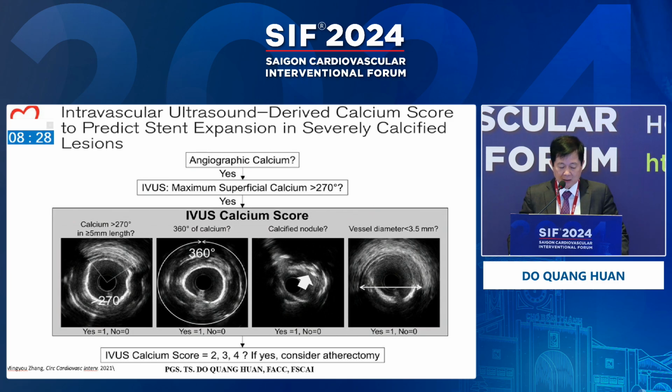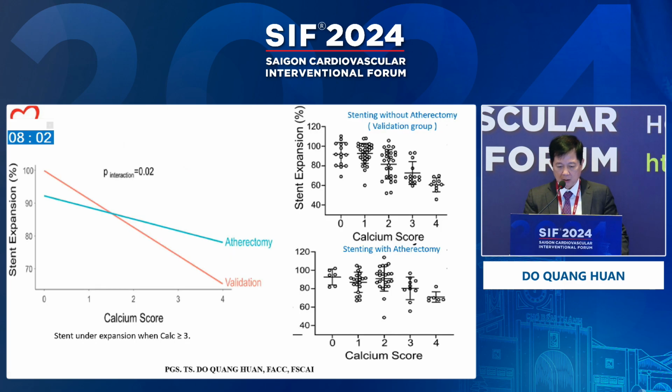If the calcified lesion is more than 270 degrees and more than 5 mm, that is one point. If the arc is 360 degrees of calcium, 1 point; calcified nodule, 1 point; and vessel less than 3.5 mm, 1 point.